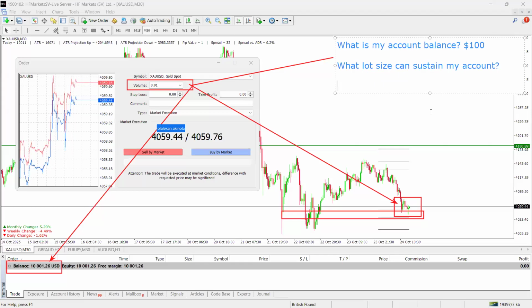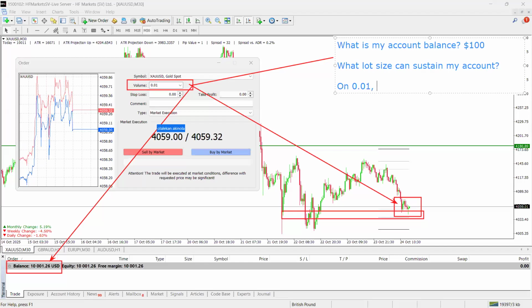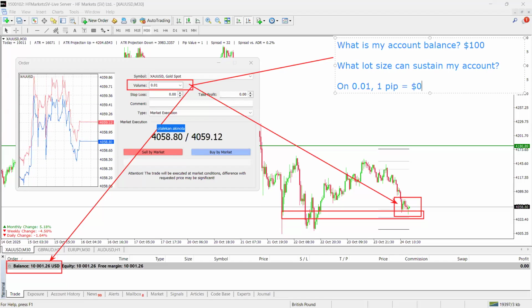For example, listen to me. We've just checked together that on an average major pair, even on the gold market, on 0.01, one price movement, which is 1 pip, is simply 10 cents.